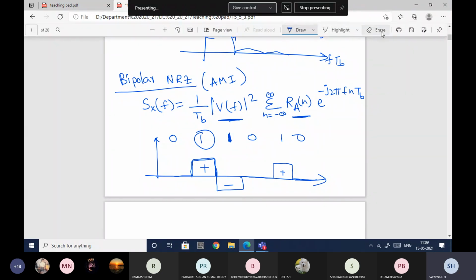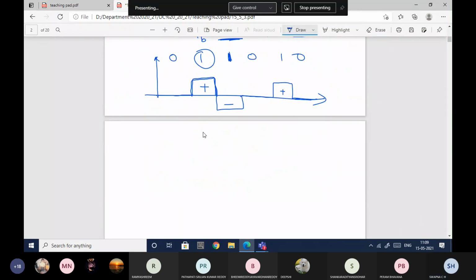So I can take the same V of t curve, which is nothing but rect t by TB, from minus TB by 2 to TB by 2, and its amplitude will be 1. So we can take the same thing.